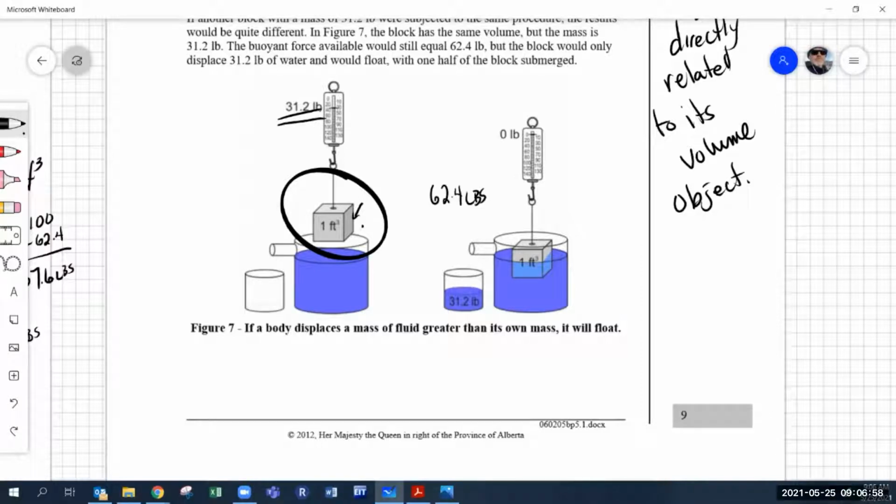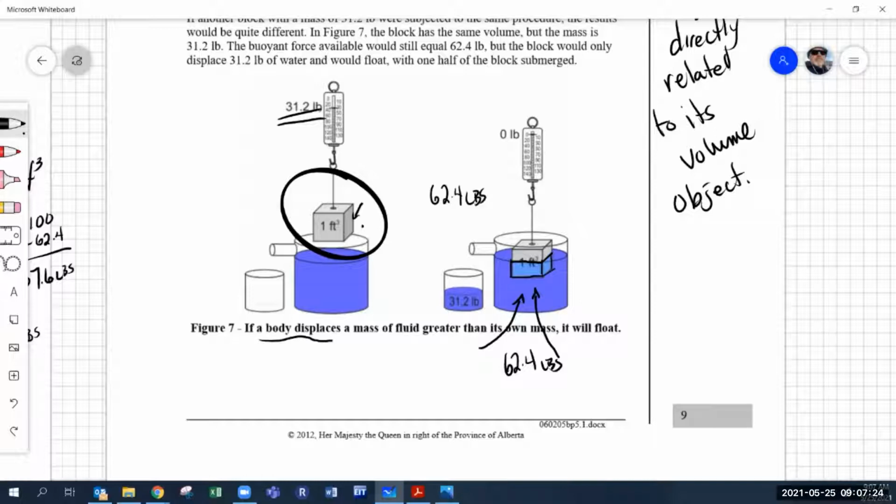But because this only weighs 31.2 pounds, we have a buoyant force of 62.4 pounds. This thing will float, and almost half of it will be above the water because, as you can see, of how much buoyant force is pushing up on that object.